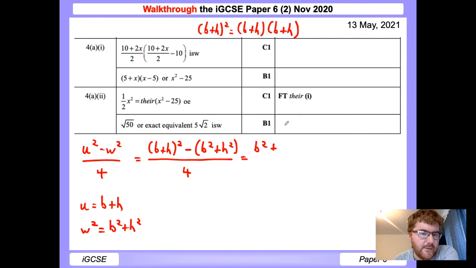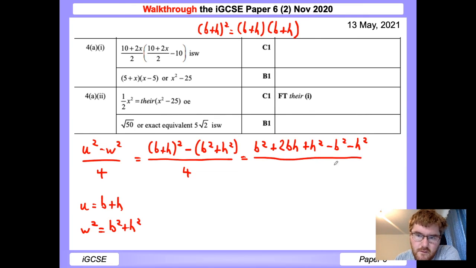I'm going to do FOIL fairly quickly here. So BH plus BH is 2BH plus H squared. Now remember, this minus applies to both of these things. So we get minus B squared minus H squared.